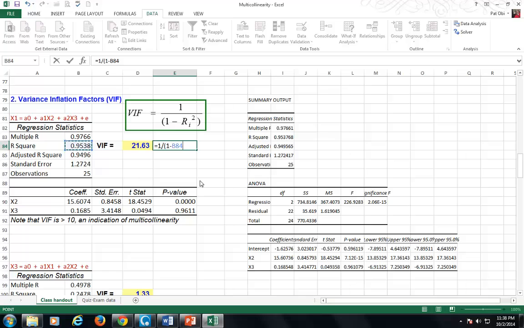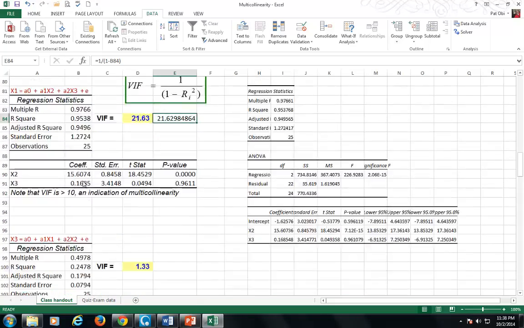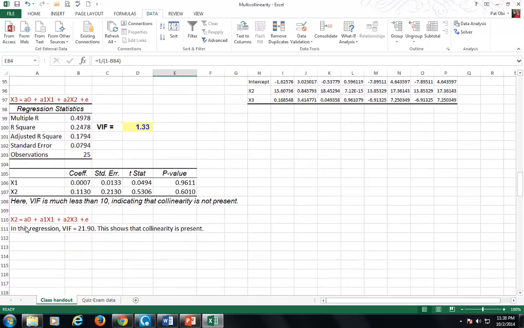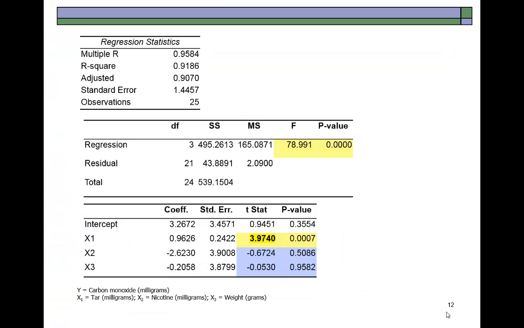The computer gives it to you. And that's how I got this 21.63. In the same way, run regression of x3 against x1 and x2, and also run x2 against x1 and x3, and get their variance inflation factors. Here they are actually. So I'm going to go back to PowerPoint so I can show you the summary of everything I've done.